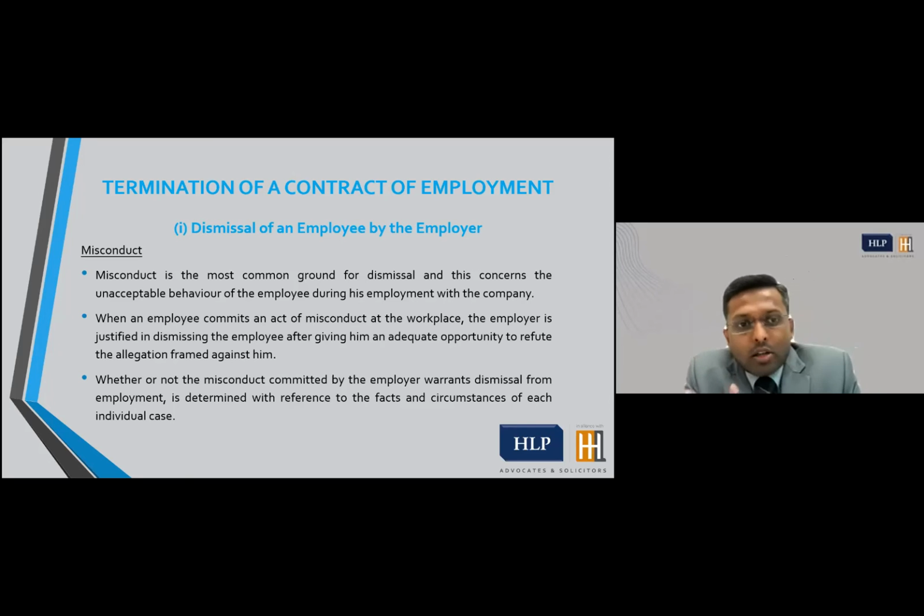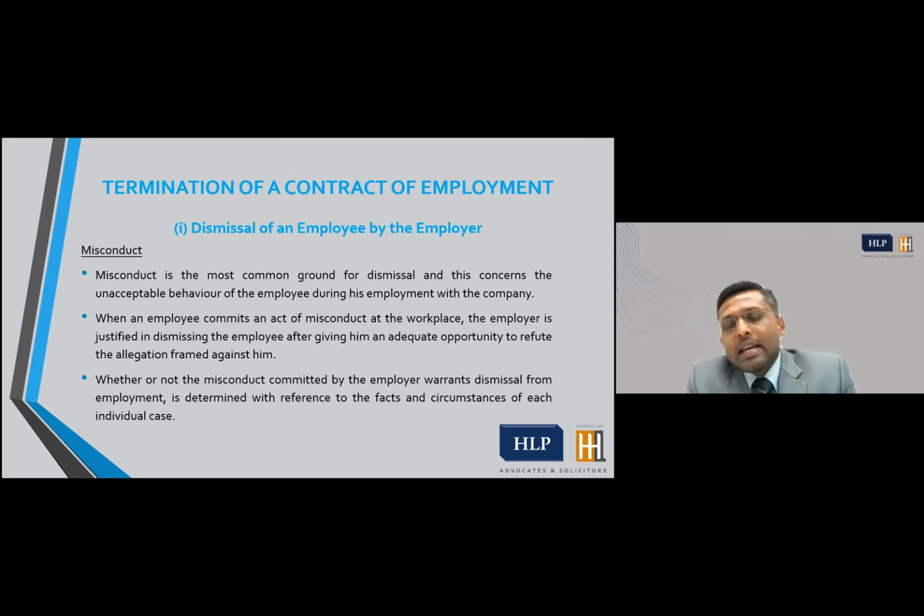Now, whether or not an employee has committed an act of misconduct, of course, depends on the facts and circumstances of each individual case. And in order for the employer to terminate an employee for misconduct, the employer must, of course, prove that the employee has indeed committed such misconduct, and the employee was given an opportunity to answer these allegations of misconduct.